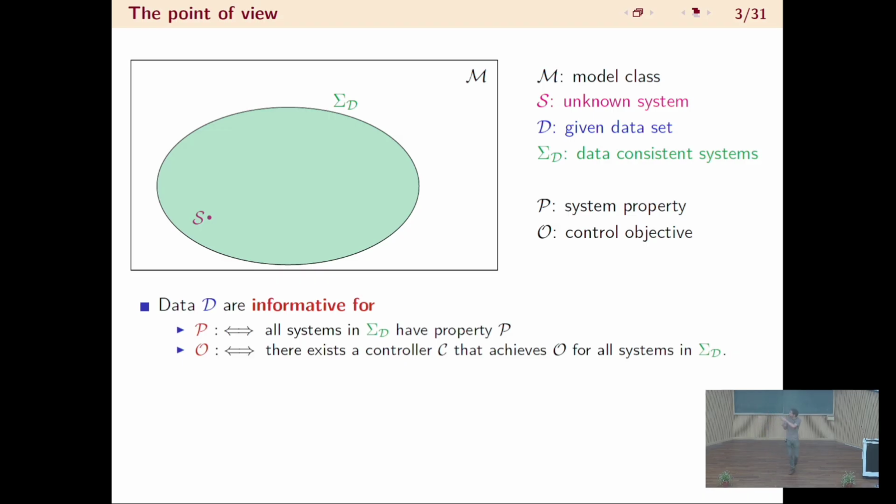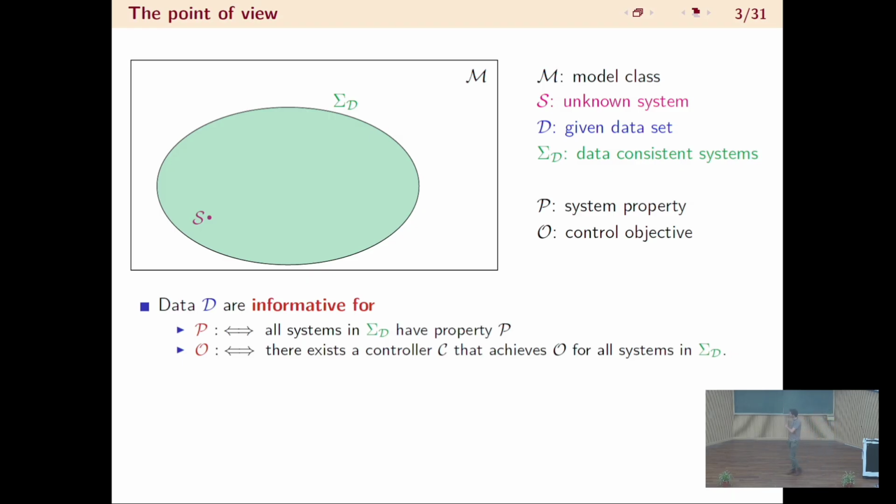We don't know. We cannot distinguish the true system from any other system in this region sigma D. So if that system is uncontrollable, then I don't know whether my true system is controllable. But if I can verify whether all systems in sigma D are controllable, then of course we know that also the true system is controllable. That's the reasoning.